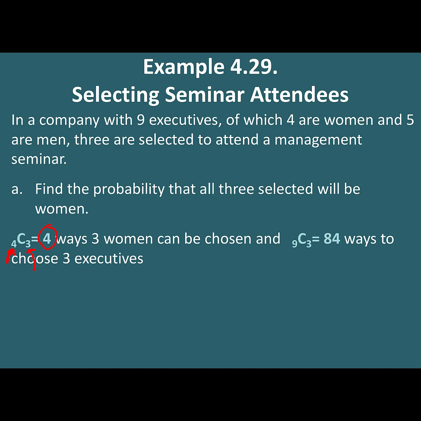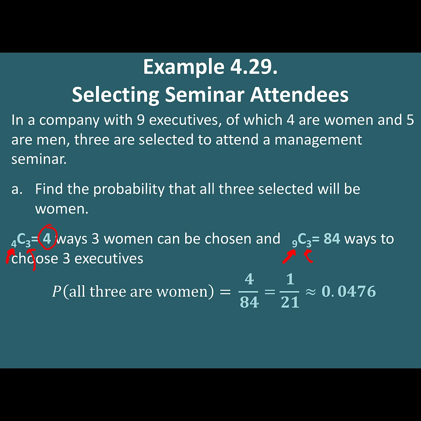And there are 9 executives, and 3 will be chosen to go to the seminar. So 9C3 equals 84 are the number of ways that 3 people can be chosen from a group of 9 executives.